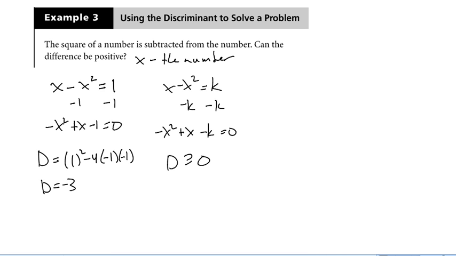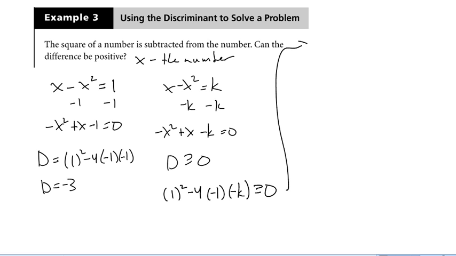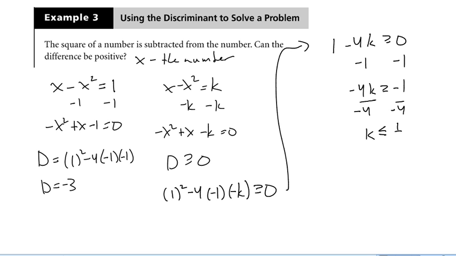And D is going to be 1 squared minus 4 times negative 1 times negative k. And that has to be greater than or equal to 0. So I get 1 minus 4k greater than or equal to 0. Minus 1 both sides, negative 4k is greater than or equal to negative 1. Divide by negative 4. Remember, our Pac-Man changes directions.